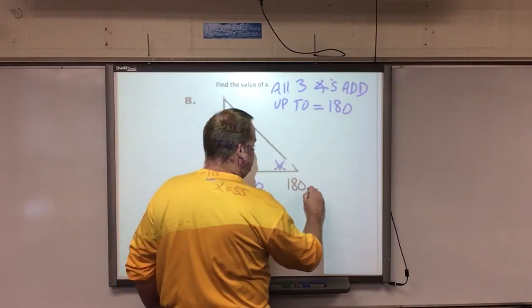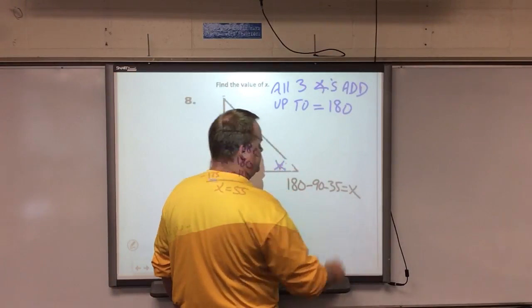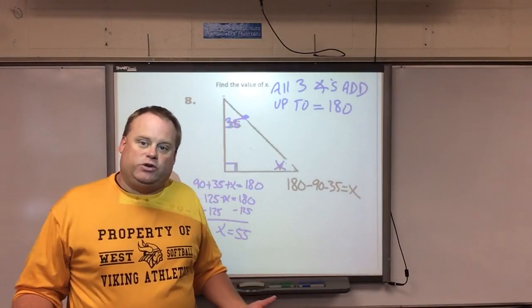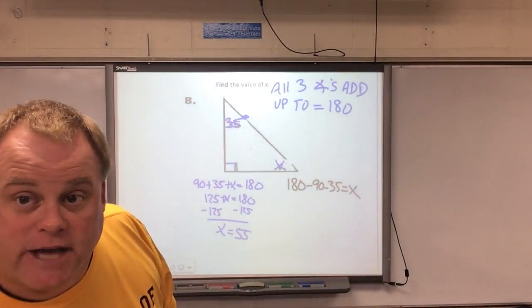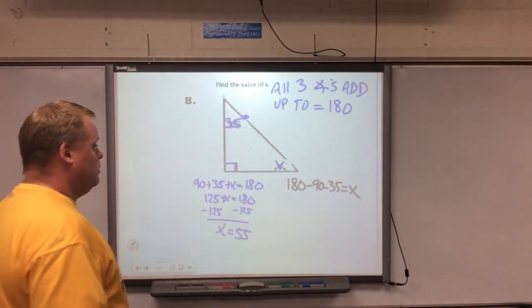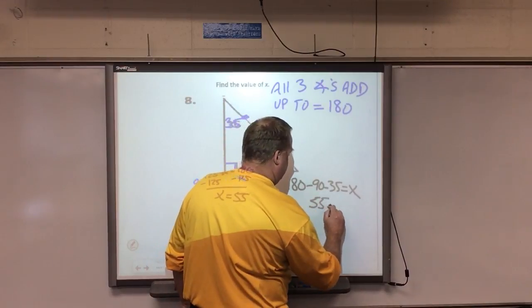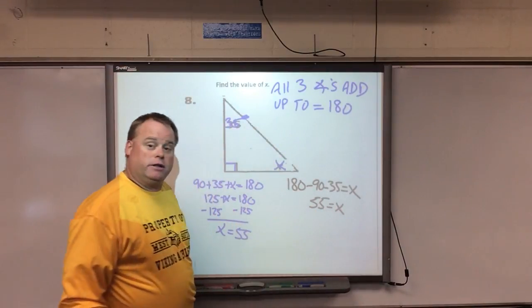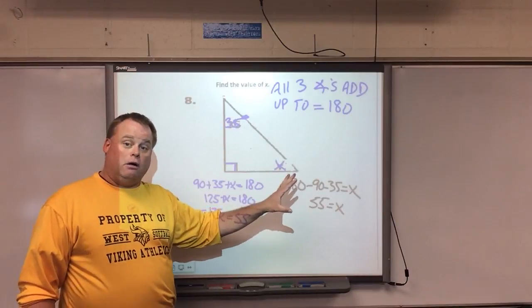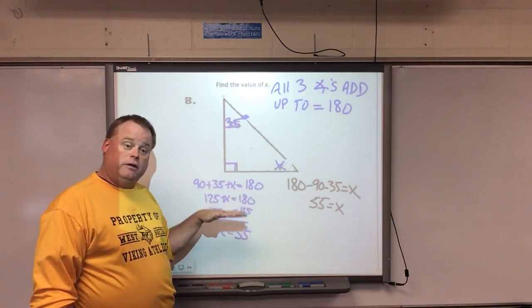I'm going to subtract 90 from it, subtract 35, and that's going to be equal to X. This is how we would do it mentally in our head. We would take 180 minus 90 minus 35, which is 55. That's how we put it into a calculator. That works as well.